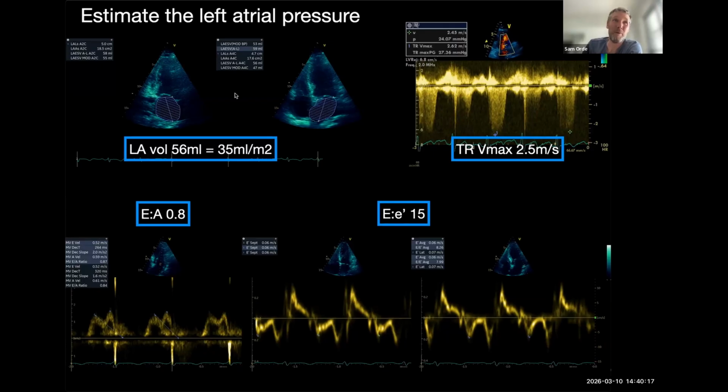If you've got a mildly dilated left atrium, some impaired relaxation, an E to E prime that's borderline, and an E to A ratio of 0.8, I'd take normal left atrial pressure. It can be mild diastolic dysfunction, but I still think we've got normal left atrial pressure. This does not look massively elevated. I'd be putting that with a massive caveat that echo is not massively sensitive from a single standpoint. I'd be taking all of this with a pinch of salt.